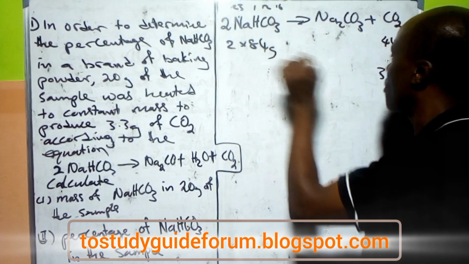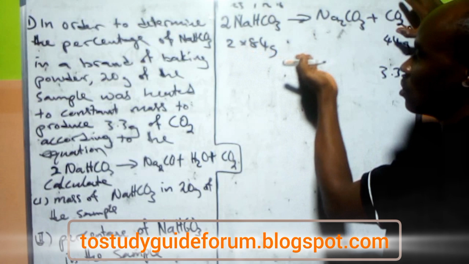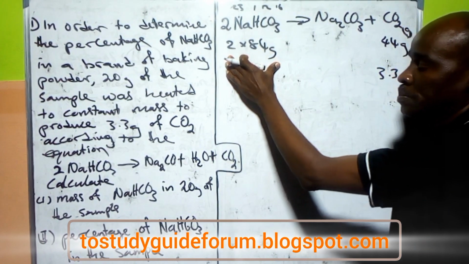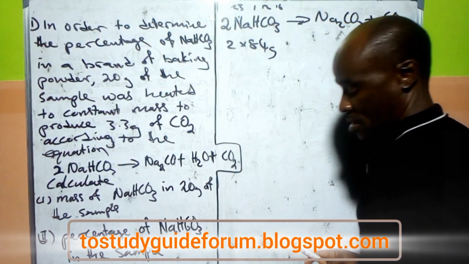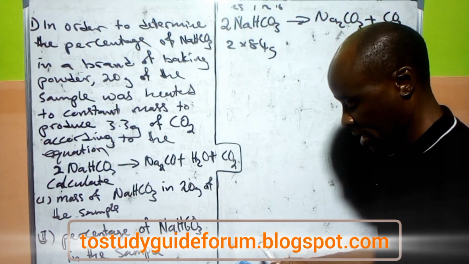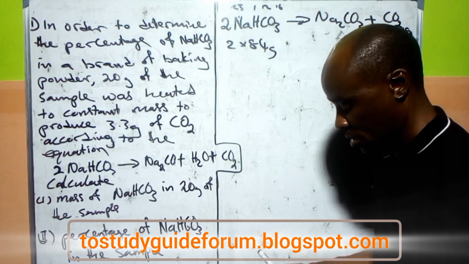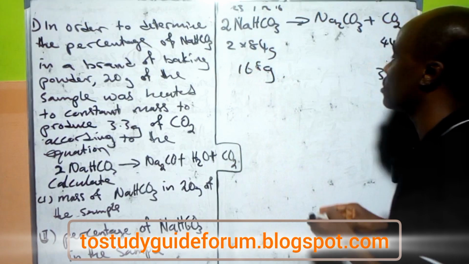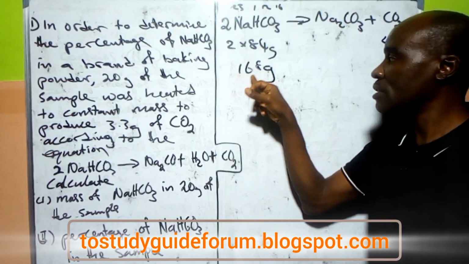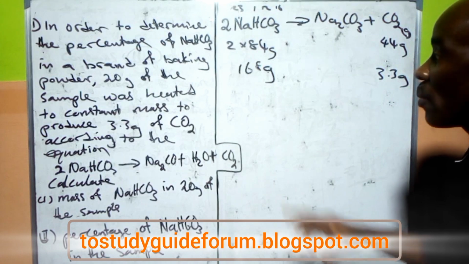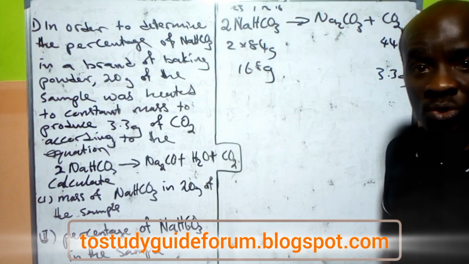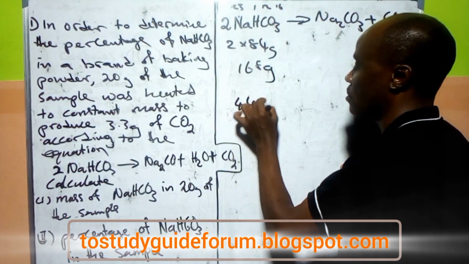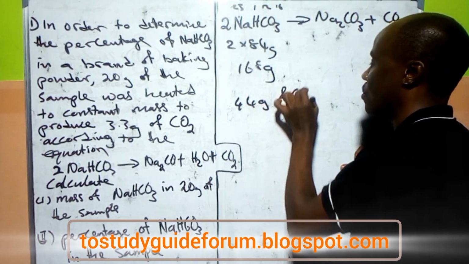From the balanced equation given to us, 44 grams will require 84 times 2, which gives 168 grams of sodium hydrogen trioxocarbonate IV.